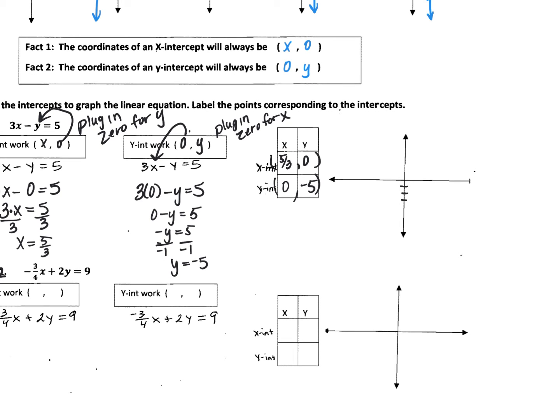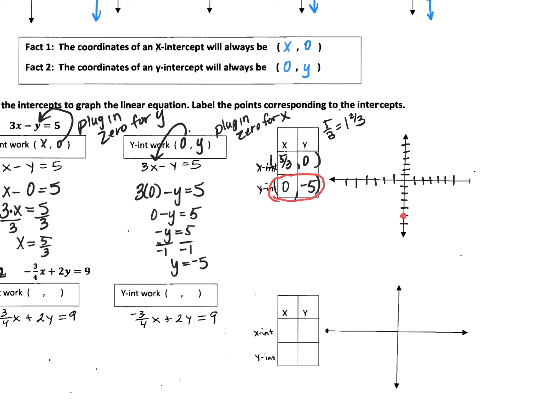So 1, 2, 3, 4, 5, 6, 1, 2, 3, 4, 5, 6. Now 5/3 is 1 2/3. Okay, we're going to want that as a fraction when we put it on a graph. So I have my y-intercept here. I'm going to put that in red. 0, 1, 2, 3, 4, -5.